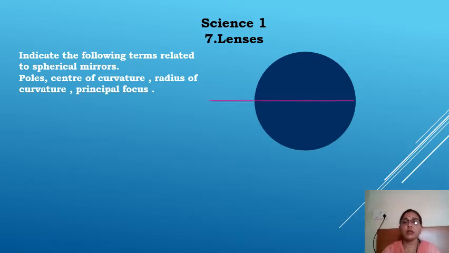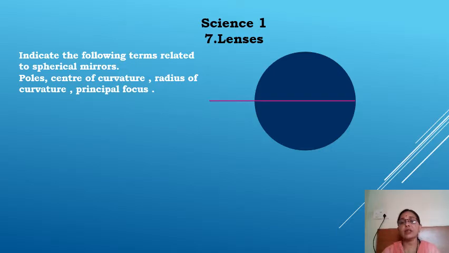This imaginary line which travels from the center of the sphere, we'll call it the principal axis, isn't it? On that principal axis we have the principal focus. That means all the incident rays traveling parallel to the principal axis reflect back and meet at one point, and that point we call the principal focus.